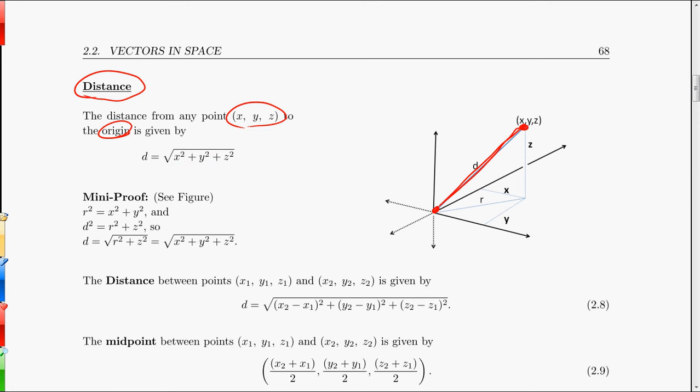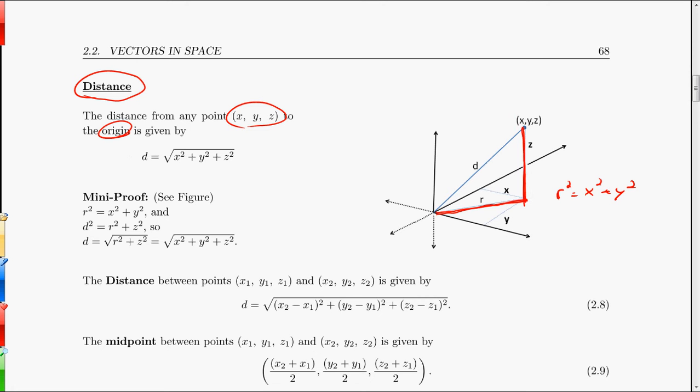Right? And deriving this is really quite simple. If you start off in just 2D, and I look at this distance r, well, if this is x, this is a right angle, and this distance is y, then r squared is just x squared plus y squared by Pythagoras. And then now I am going to look at r and z.